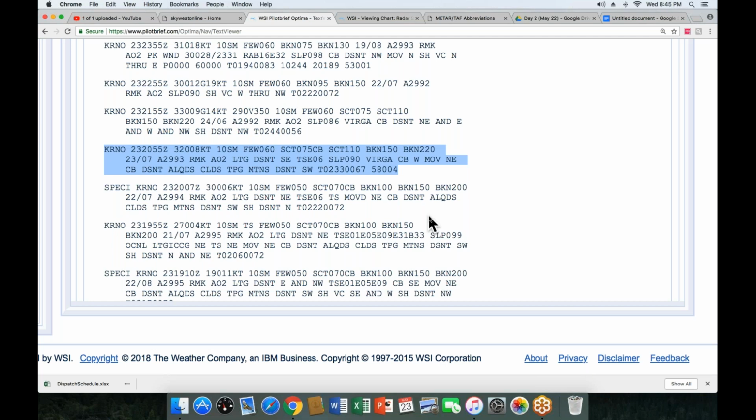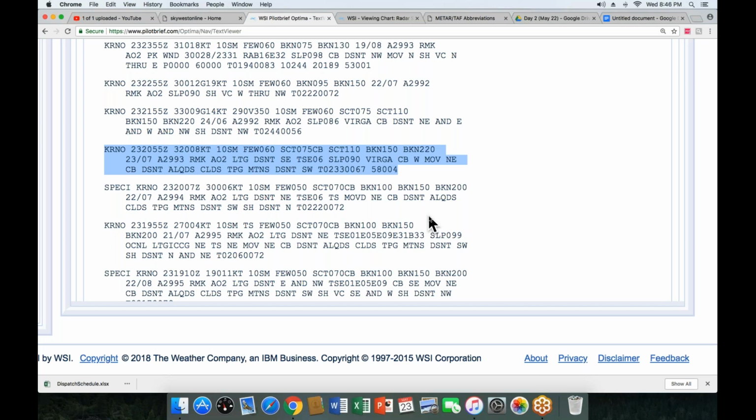SLP is sea level pressure, which is that just 90? Yeah, so 90, well, it's really 900 millibar. And Virga, that's the rain below the clouds, the wisps of rain that you can see that dissipates before it hits the ground. Yep.